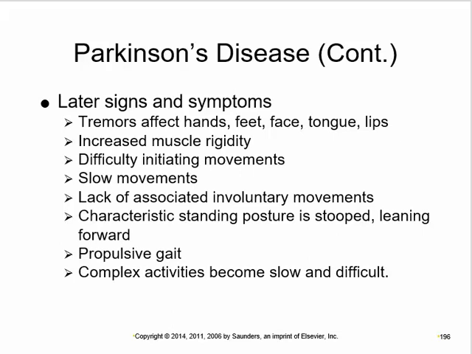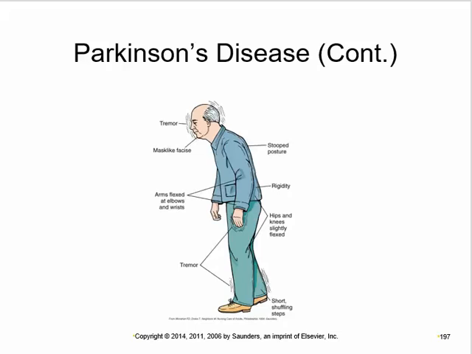And it becomes very difficult for complex activities, because it's hard to coordinate, to initiate and terminate movements. So here's the rigidity, the flexed knees and hips, tremor of the face, mask-like facial expression, tremors of the hands.